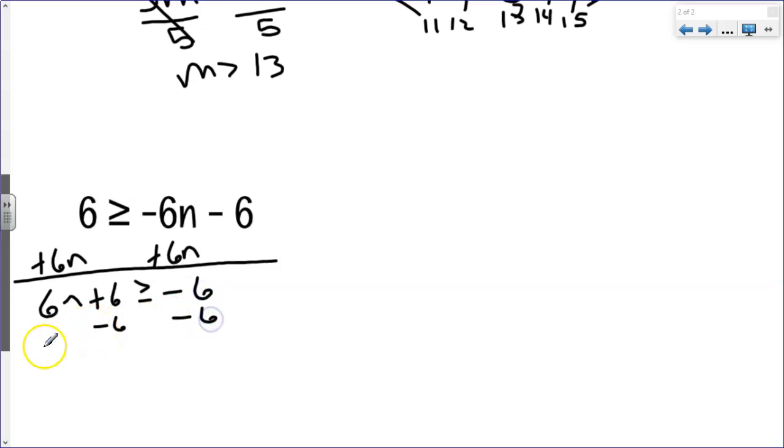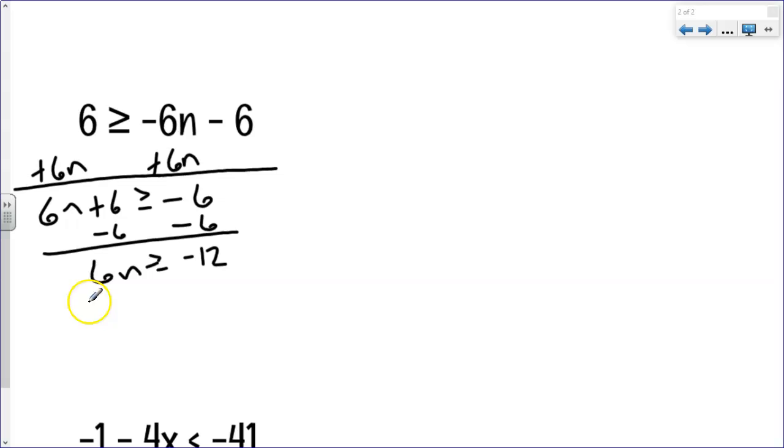Subtract 6. 6n is greater than or equal to negative 12. Divide by 6. So n is greater than or equal to negative 2.